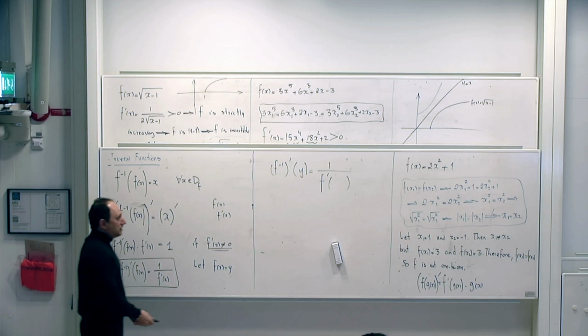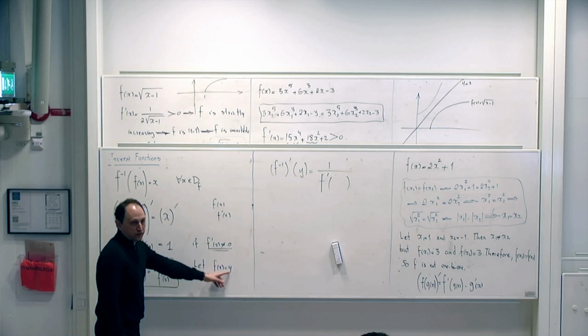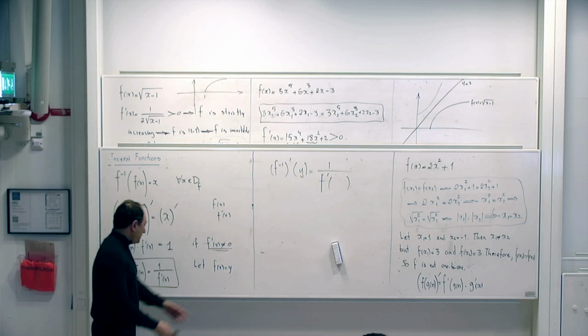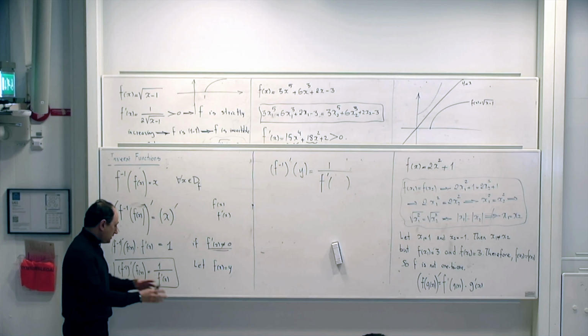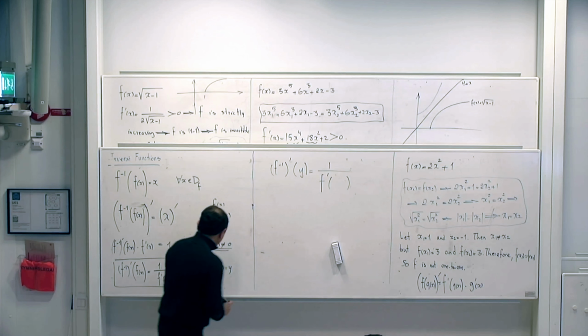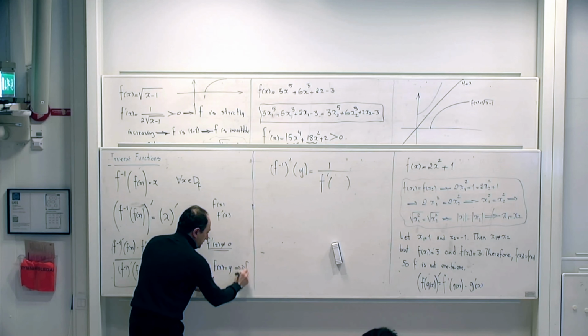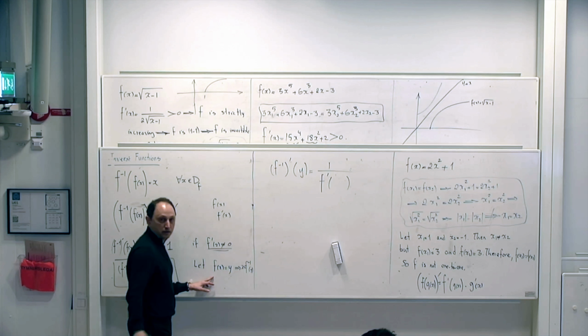Here I decided to change from the variable x to variable y, so in principle, I should also write the right-hand side in terms of y. When you say f of x is y, people can immediately understand that x is f inverse of y. So I would write it here.